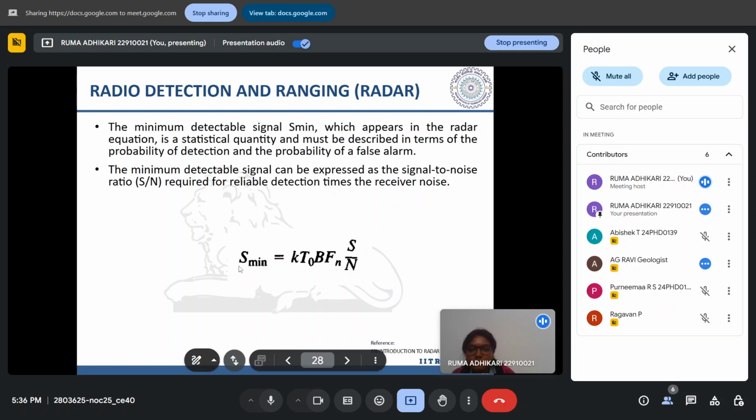Also, the minimum detectable signal is kTBF times the signal to noise ratio. These are constants: k, T, B is bandwidth, and F is the noise figure. So this is the minimum detectable signal that is required.